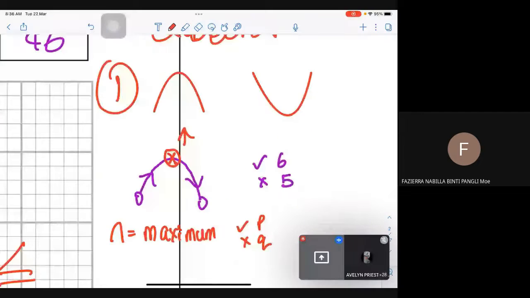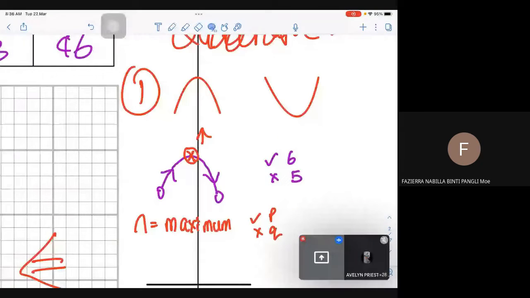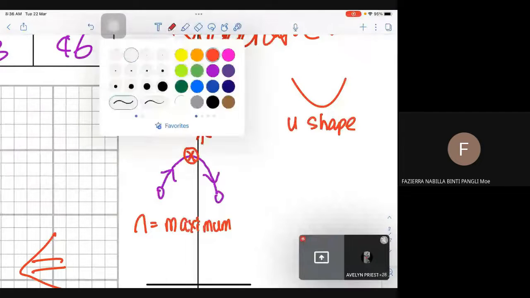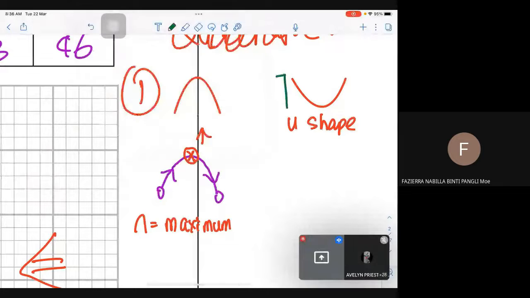However, the next one we call it the U shape. U shape means, if we stand up at the building, we throw the ball down and the ball hits the ground and then bounces back.